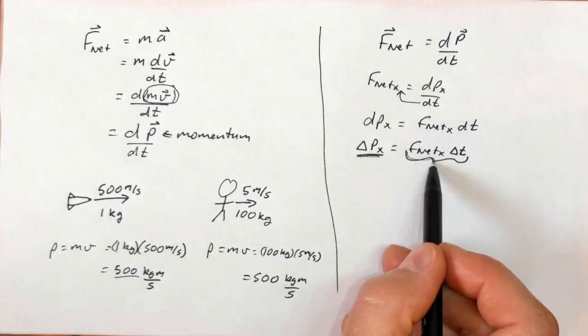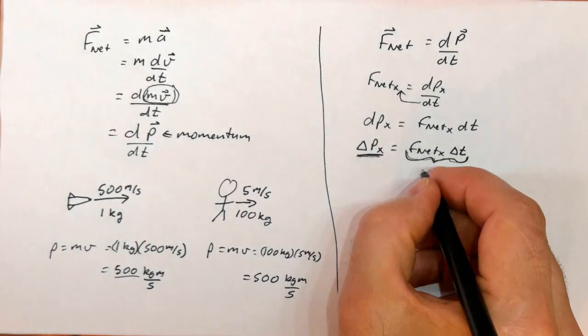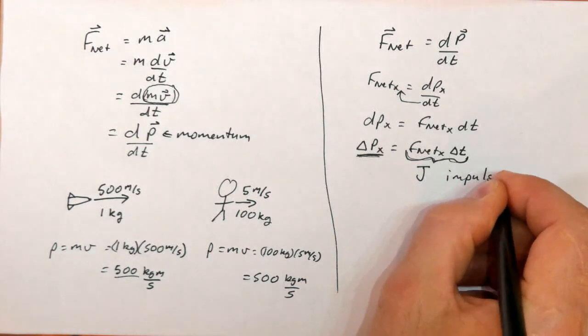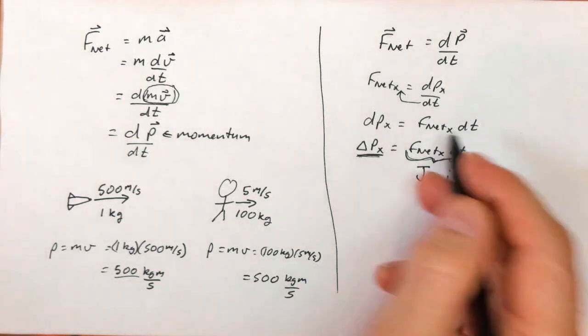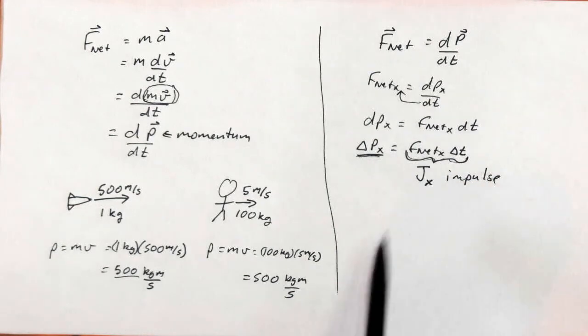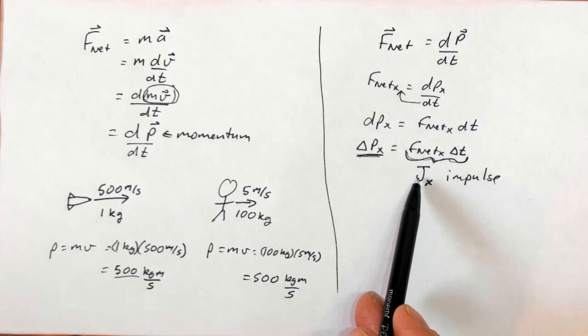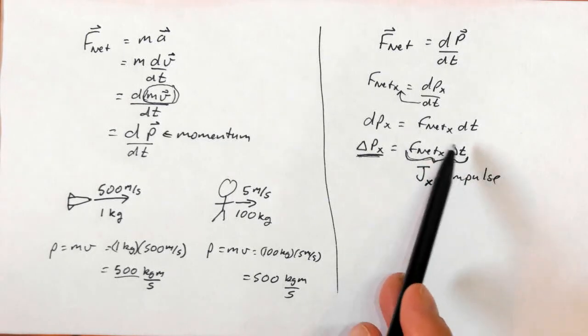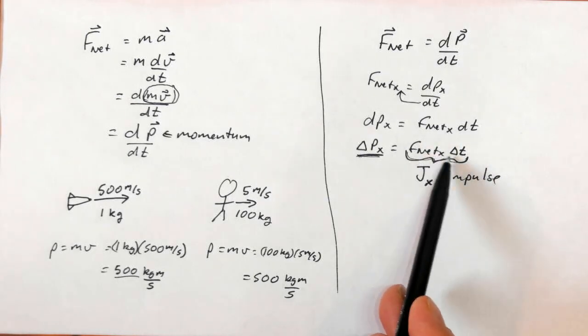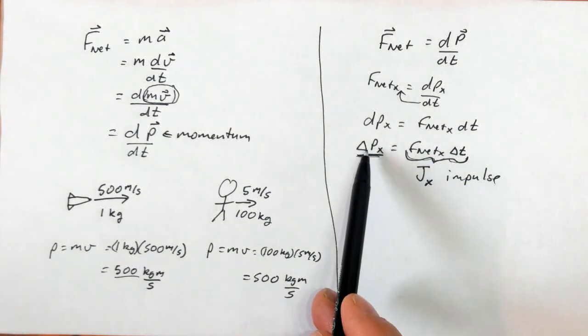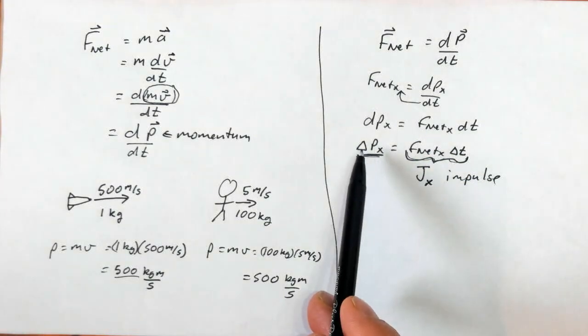Therefore, I can find this combined quantity, and we call this impulse and give it a variable J. It is a vector, and since I've been working on the x components, that's Jx, or the impulse in the x direction. So sometimes I don't really need to know the details of how the force was happening. I just need to know the total effect because it's going to be visible in the change in momentum.